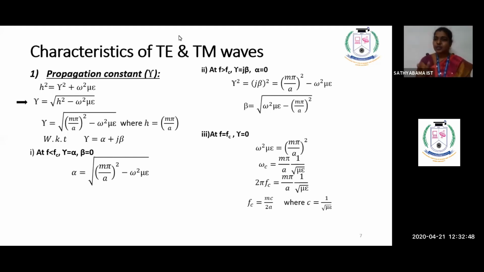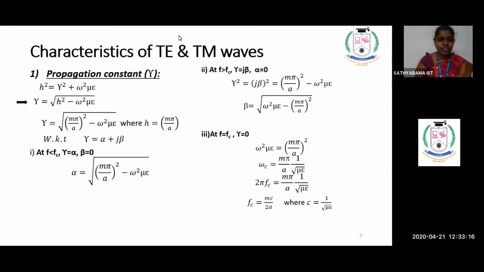So here the threshold limit is your Fc, your critical frequency. If your wave's operating frequency is greater than the critical frequency, then your wave can propagate smoothly inside your waveguide. But if your wave's operating frequency is less than the critical frequency, what will happen? Your wave has not met the criteria, it cannot propagate inside. So only attenuation will happen, propagation cannot happen. That is what we have mentioned in the three cases.